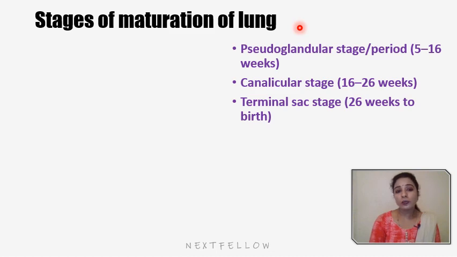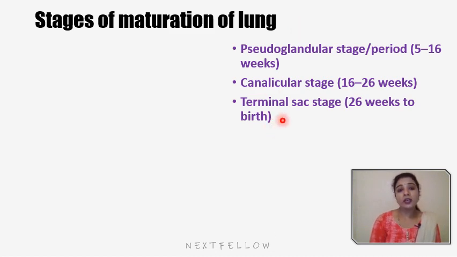The epithelium of the terminal sacs becomes very thin and the capillaries bulge into these sacs. So close intimate contact between the epithelium and the endothelial cells is established. This is the blood-air barrier, which permits adequate exchange of gases for survival. So premature infants born during this period can survive with intensive care.